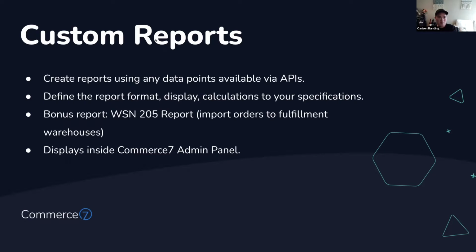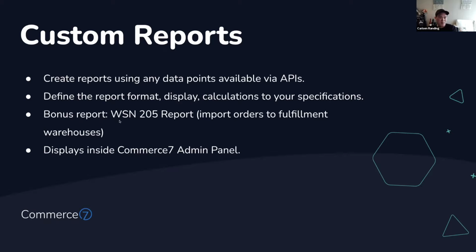If you do sign up and create even a single custom report, you get a bonus report from TreeFrog Digital, the WSN 205 report. This report is useful for importing order data to fulfillment warehouses. So it's in a format that most fulfillment warehouses can accept.